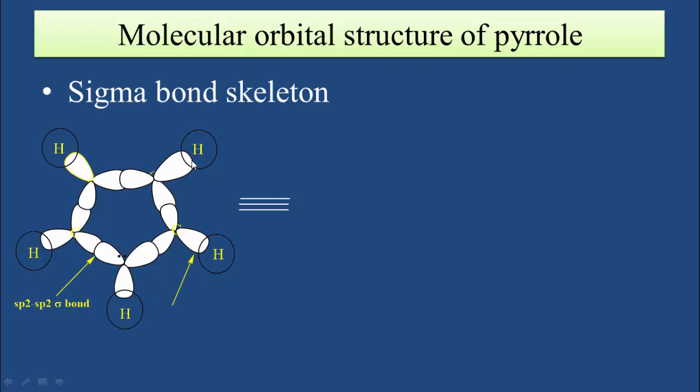Similarly, the sp2 hybrid orbitals of carbon and s orbitals of hydrogen form the sp2-s sigma bond, and all the carbon atoms with the adjacent carbon atoms, their sp2 hybrid orbitals overlap and form the sp2-sp2 sigma bond, with sp2-s sigma bond with hydrogen, and there is the formation of the sigma skeleton.